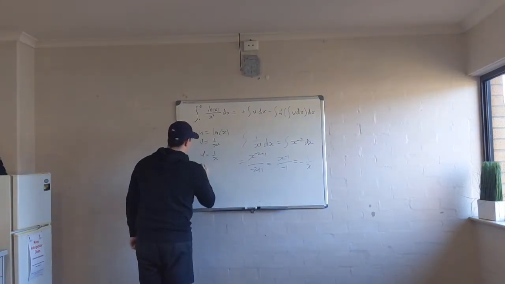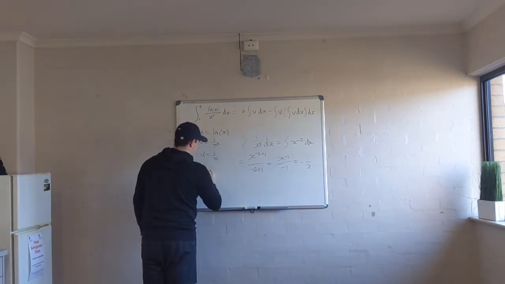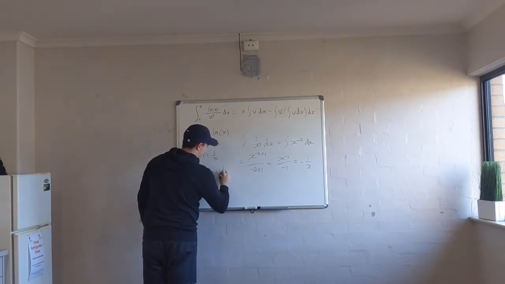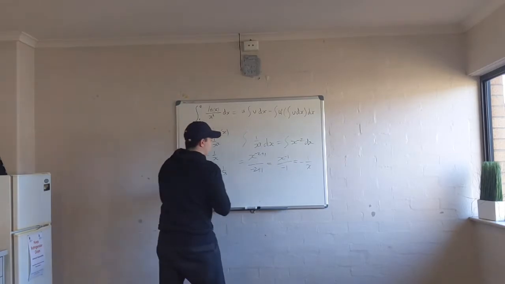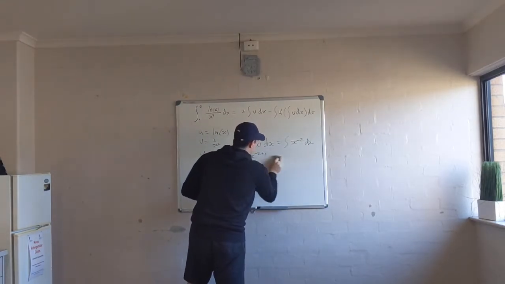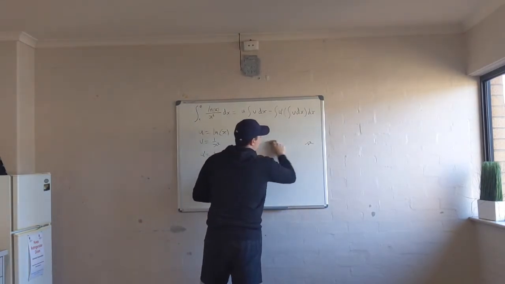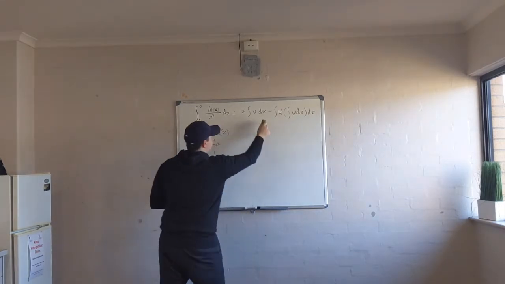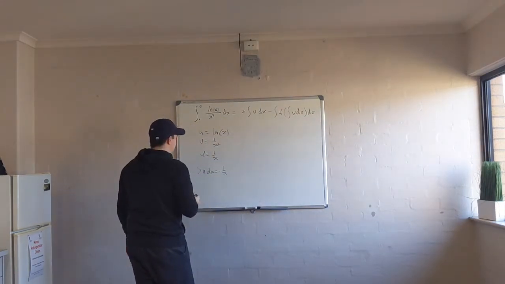So I'll pop that over here. Negative 1 over x. Cool. Now we have all the components of this formula up here, so we just substitute them in.